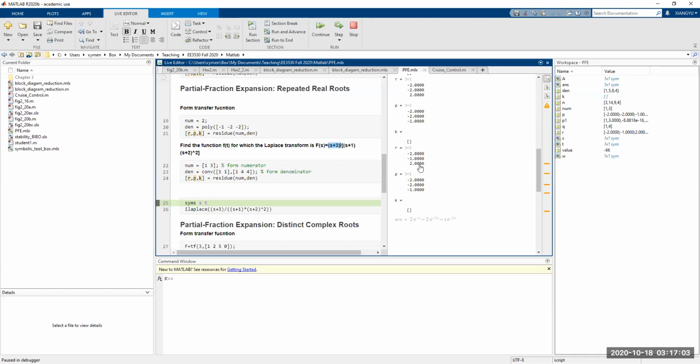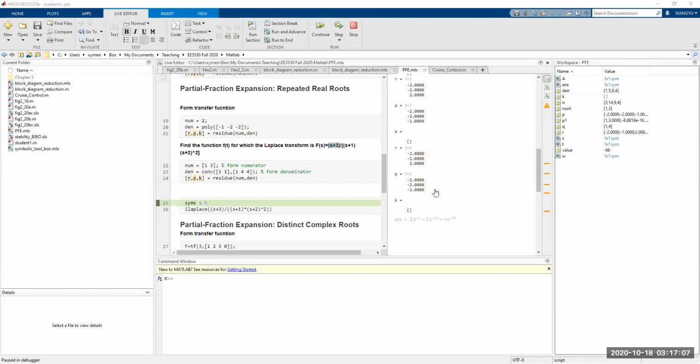But in this case, we again have repeated roots for -2, giving s plus 2 and (s plus 2) squared.